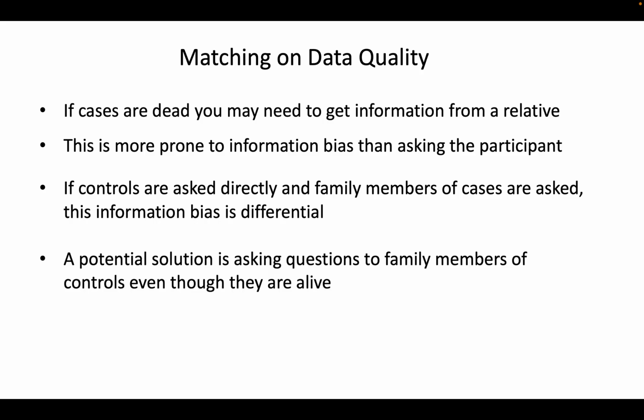A way to get around that is, even though controls are alive, to ask a family member of the controls too. You're asking family members of cases because they're dead, and if you also ask family members of controls, even though the controls are alive, you're imposing the same error on both groups.